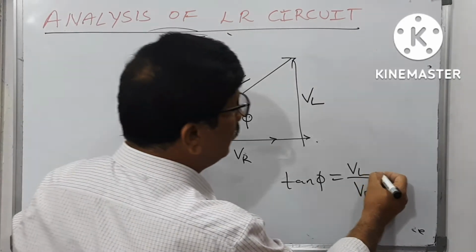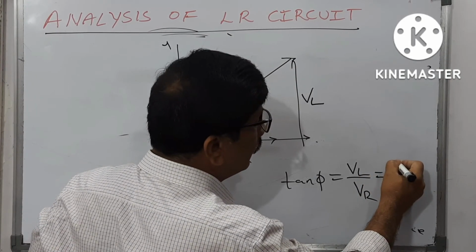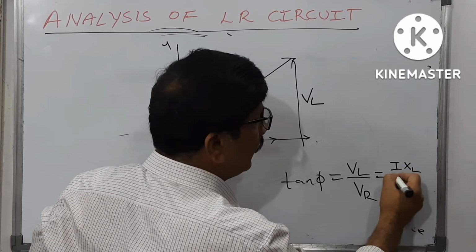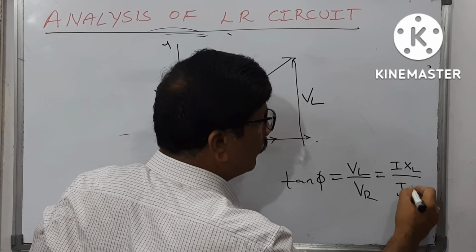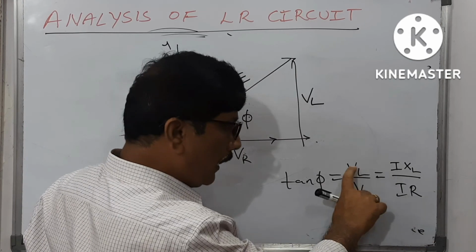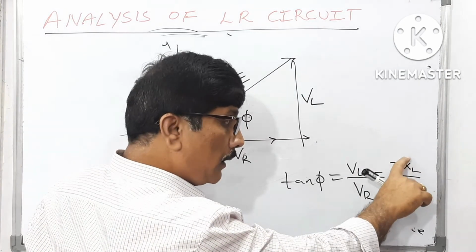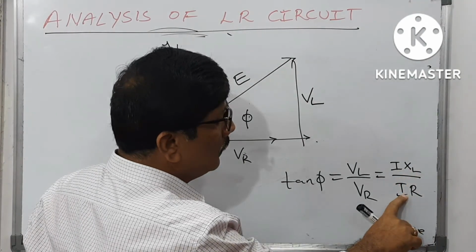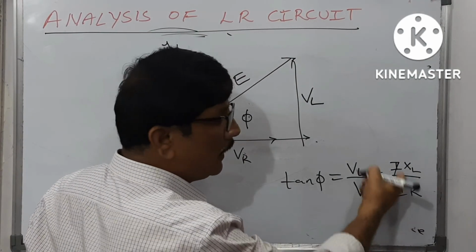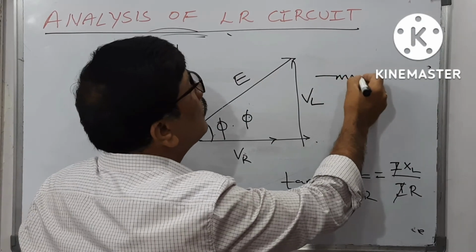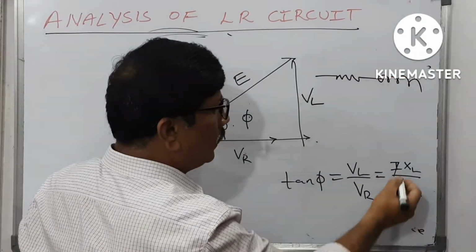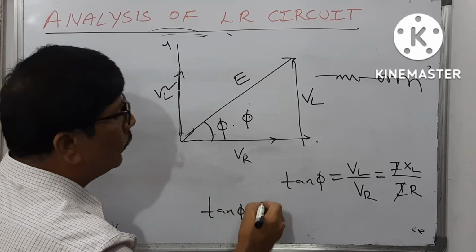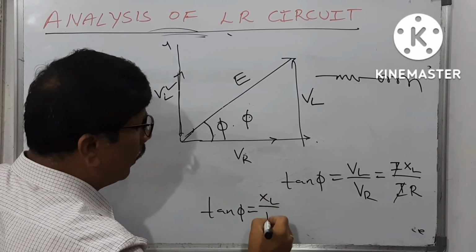It can be written as I XL by I R. Voltage is current times resistance, and for the inductor the opposition is the inductive reactance. The I gets cancelled because the same current passes through the resistor and inductor. So tan phi is equal to XL by R.